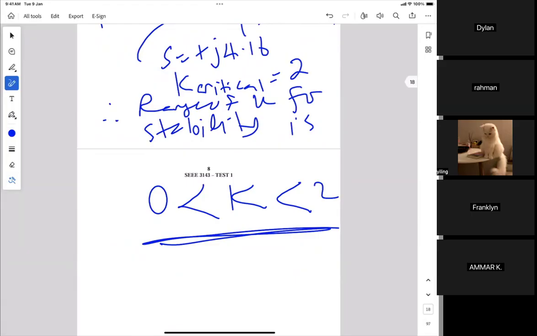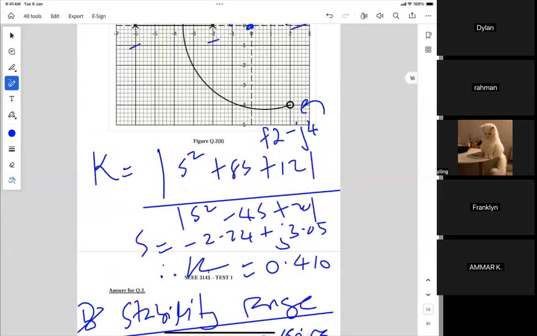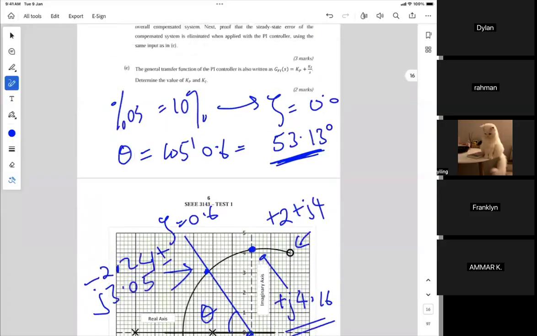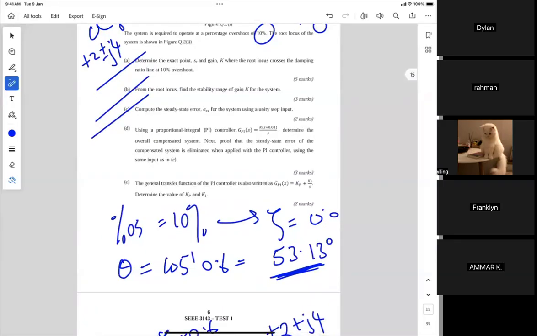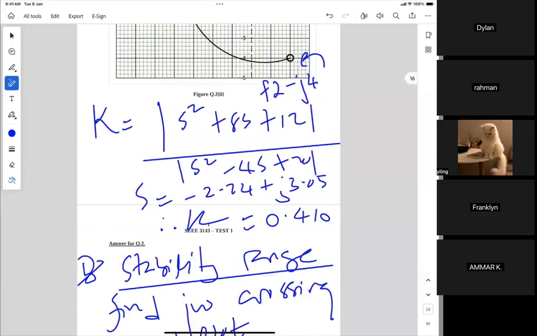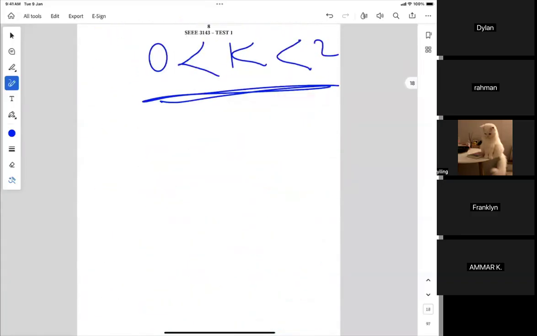Then the next question is steady state error for the system with unit step input. Okay. Steady state error, senang je. System type apa? Type 0 kan? System type 0, use Kp.